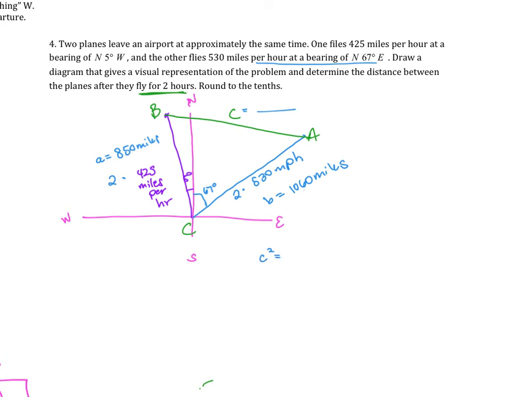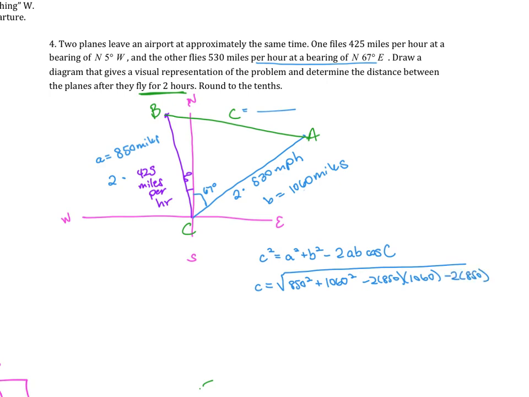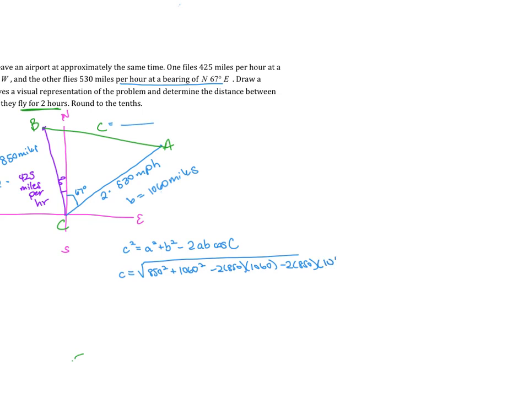So it's going to be c squared equals a squared plus b squared minus 2 times ab cosine of c. And then I am going to have to square root it. So just to remind myself to do that, I am going to plug it in now. So this is 850 squared plus 1060 squared minus 2 times 850 times 1060 cosine of, and then C is 67 plus 5, right?